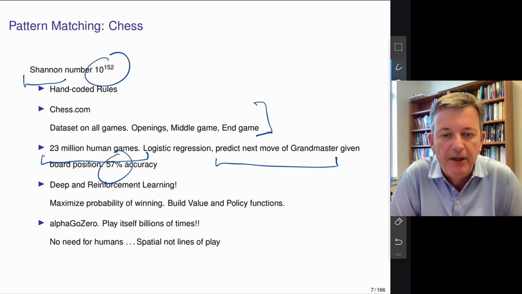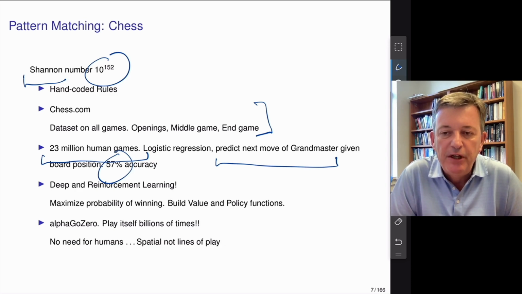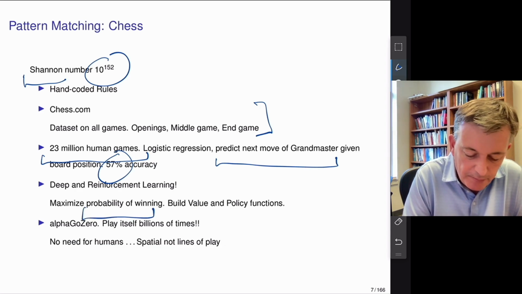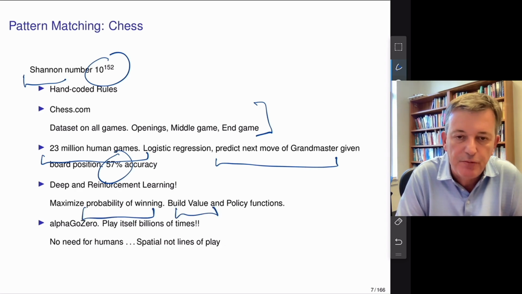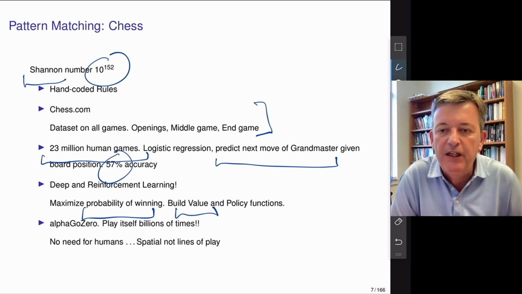So the idea is to give the algorithm an objective function, for example, maximize the probability of winning, and then to build two things, which we'll build with deep learning, of course. First, a value function. If you're in a given state of the system, V of S measures how valuable that state is to you if you act optimally going into the future.